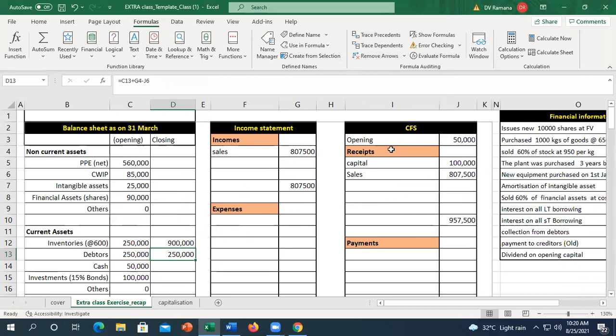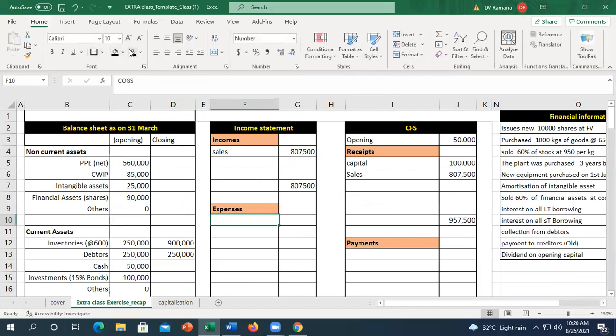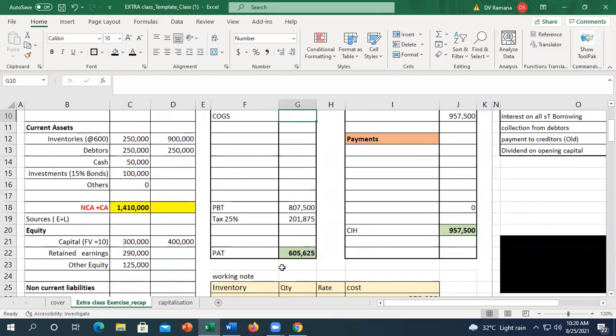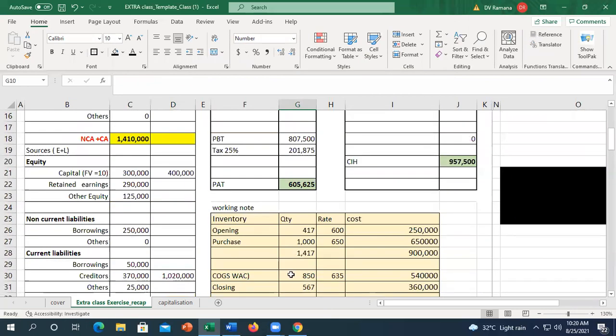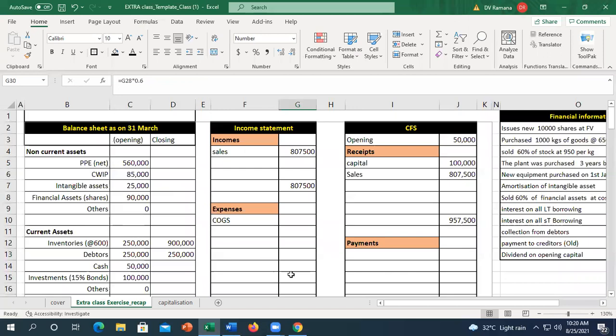That's more important. Now, whenever there is a sale, there has to be cost of goods sold as per the matching principle. What is the cost of goods sold of this 850? It depends on Ind AS 2. Ind AS 2 says that you can follow weighted average or first in, first out.